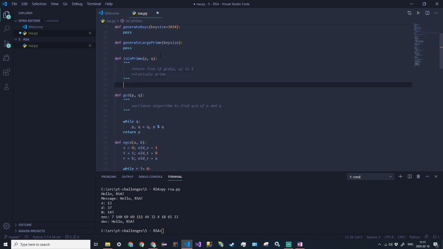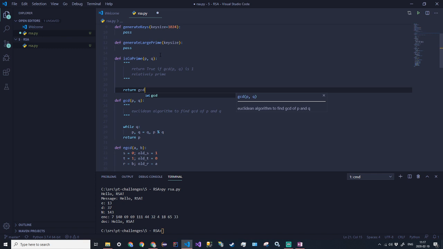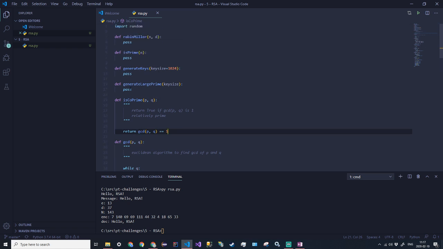And all we're going to say is return GCD of P and Q is equal to 1. That's just a Boolean statement there. And then next we'll need generate large prime and generate keys. So the generate large prime, this will be pretty self-explanatory.